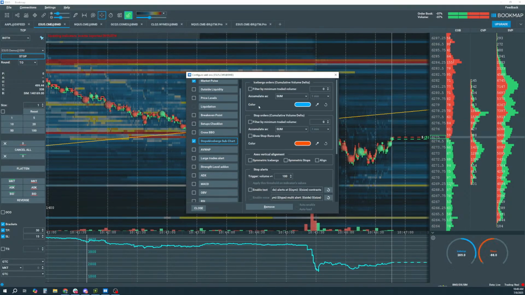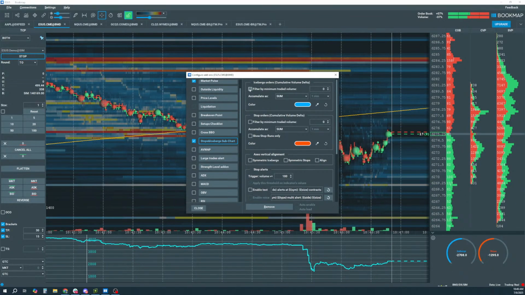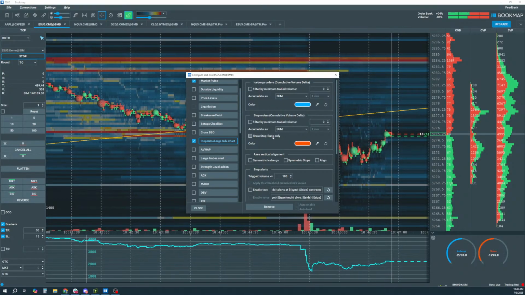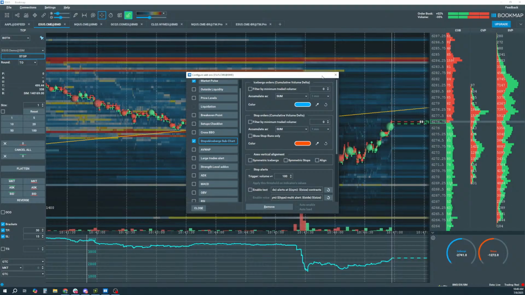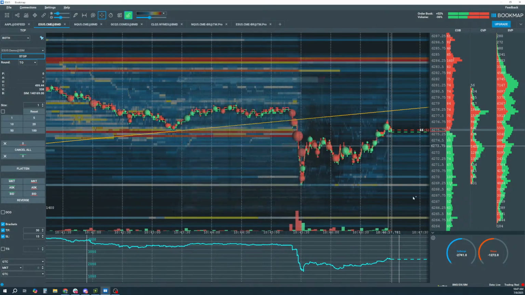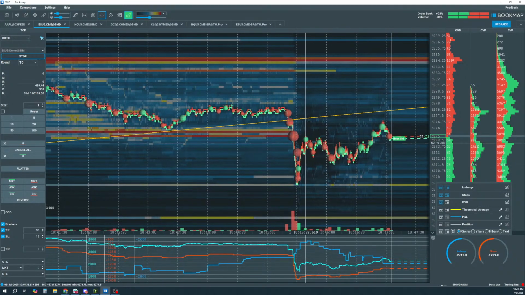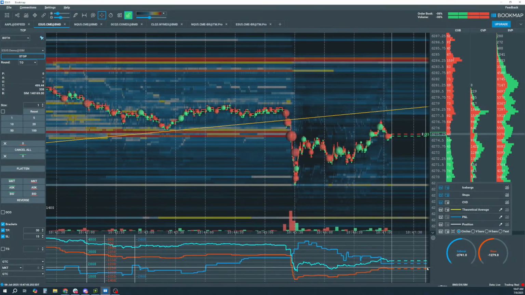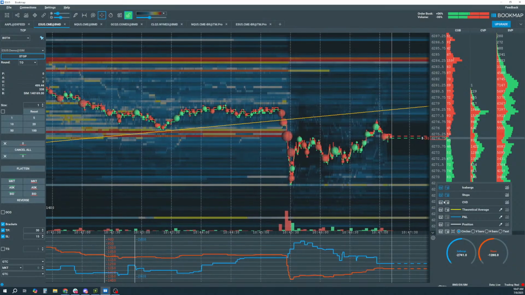Subchart, there we go. And just get rid of cumulative volume delta.